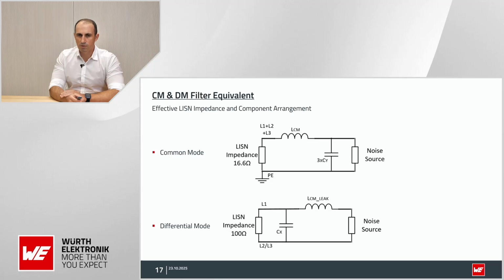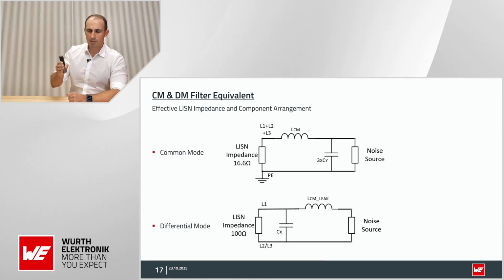This is important then for the simulation. So on the right side, you have a very high impedance source. On the left side, you have a low impedance sink. And therefore, the Y capacitors must be placed first, directly beside the noise source, whereas the common mode choke is placed after the Y capacitors in direction to the LISN.